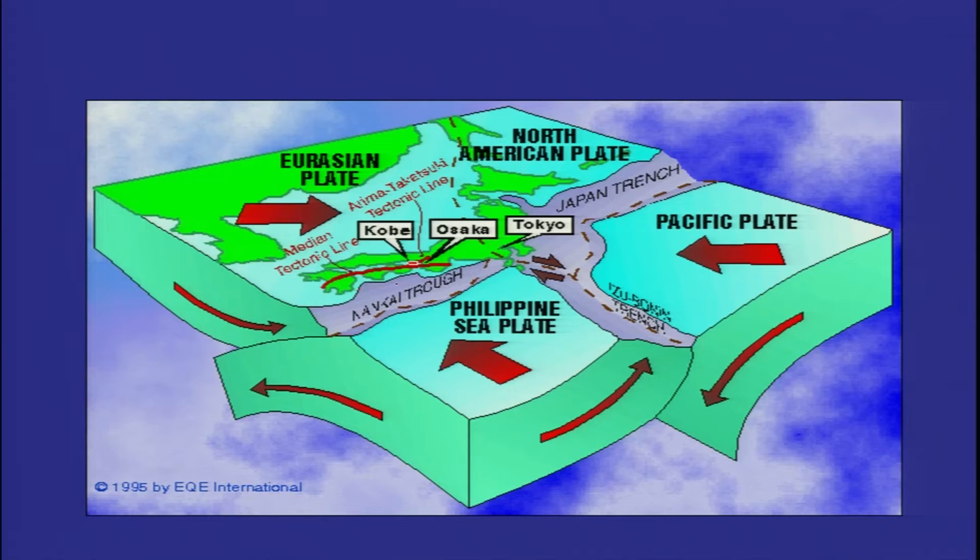Japan lies on two plates: one is the Eurasian plate, and in the northeastern side it goes into the American plate. So, it has a very complex tectonic framework on the global scale, and on the regional scale many active faults were identified, which was taken up after the Kobe earthquake.